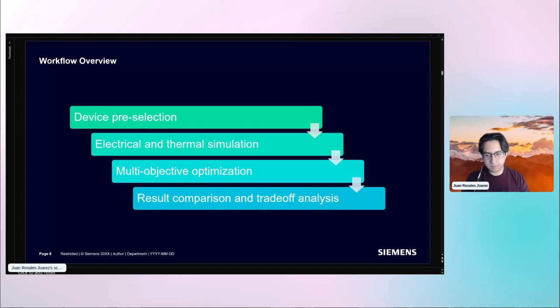I pre-selected a set of these so that the optimization is pretty much self-contained into those devices. Then electrical and thermal simulation will take place, which will lead us to the multi-objective optimization. And then we'll just check the results and compare trade-offs and look at the outputs, right?